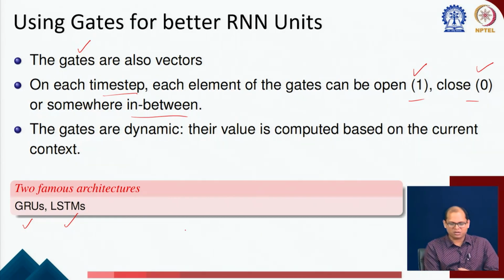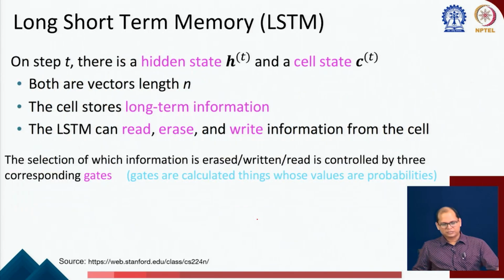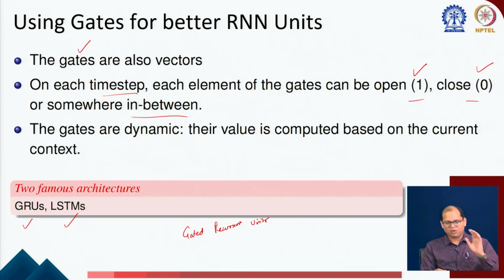The GRUs are called gated recurrent units. So we'll talk about LSTMs. So what will happen in an LSTM? Before I talk about that, you have to see this LSTM, or a GRU, as a black box.